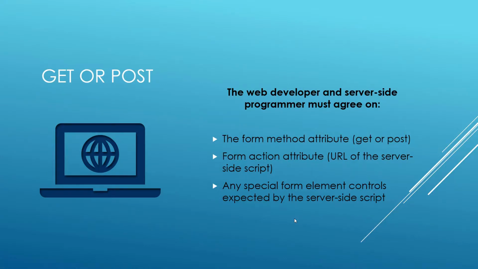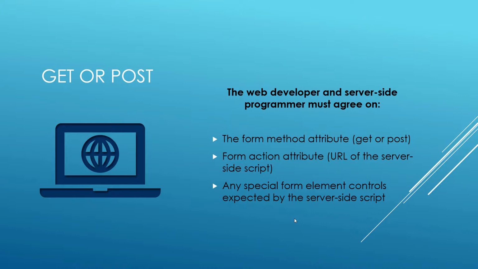There are two different types of form method attributes, get or post. There are a couple things that you need to be in agreement on when you are working either as the web developer or the server-side programmer. You need to agree upon certain terminology and different types of information that is going to allow the website to communicate with that server-side script.